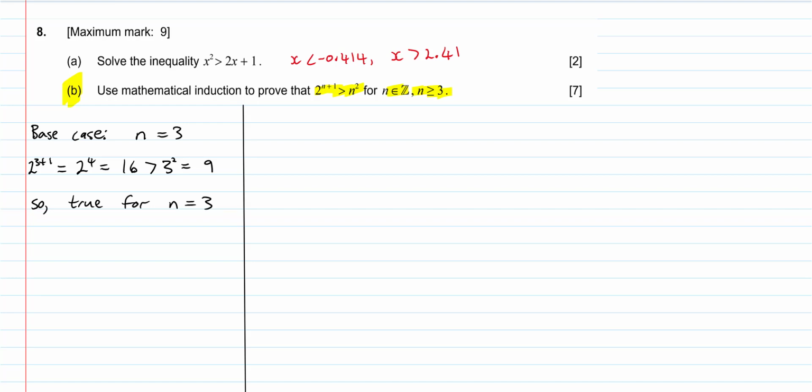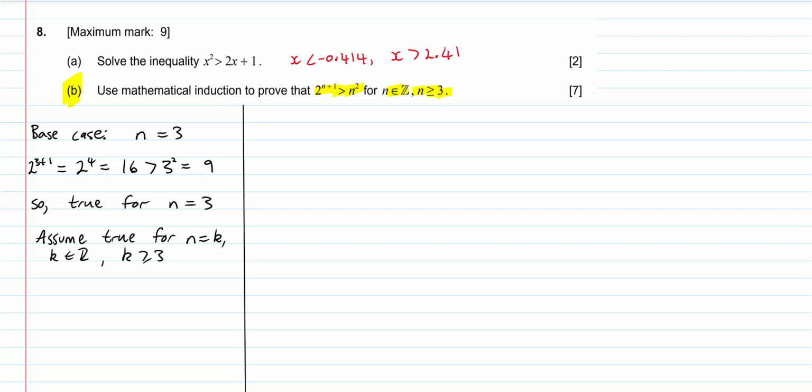Now the next step is we have our hypothesis statement. So we assume our statement that we want to prove is true for n equals k. So we can write, assume true for n equals k. And I'll just make clear that k is an integer and k is greater than or equal to 3.